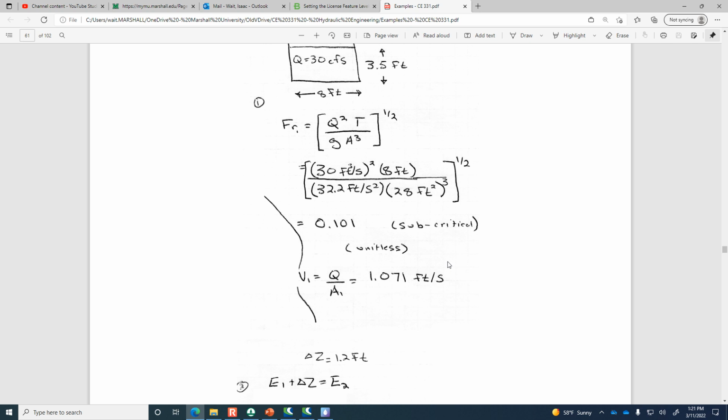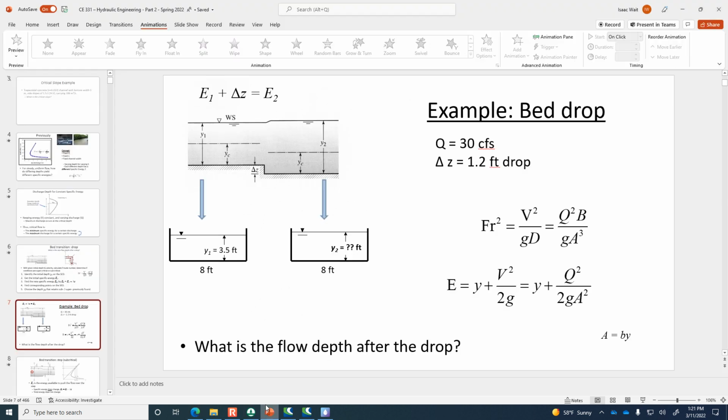So 30 squared times 8 divided by 32.2 times 28 cubed, and then all of that to the 1/2 power. I get 0.100. So subcritical. So upstream, let me bring back up the image from before.